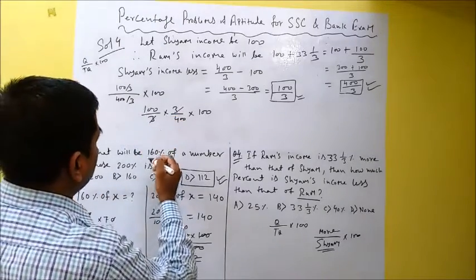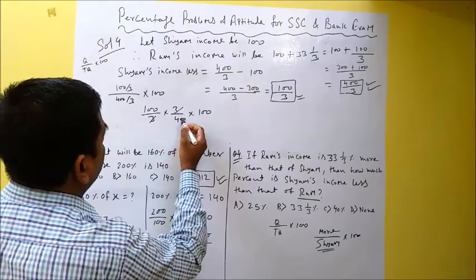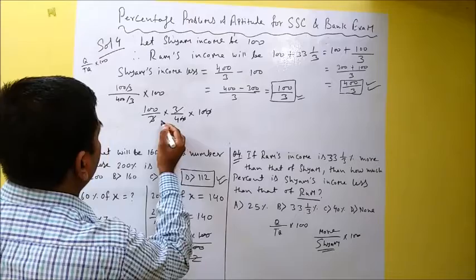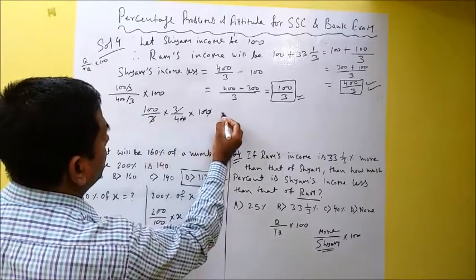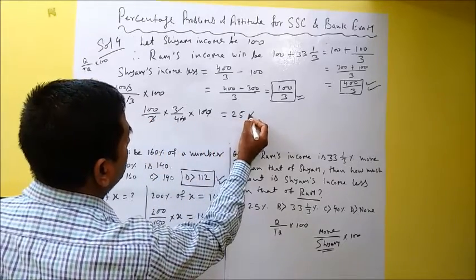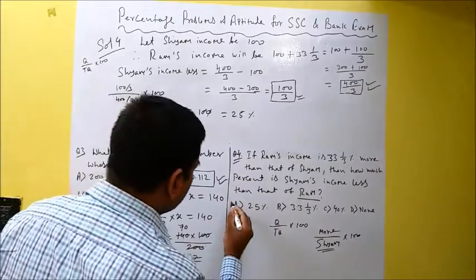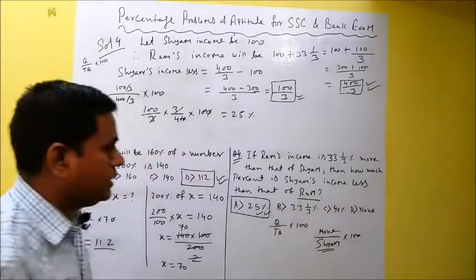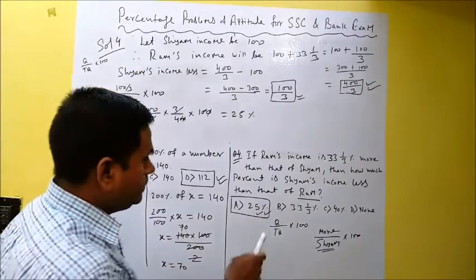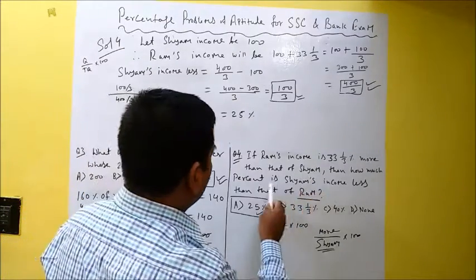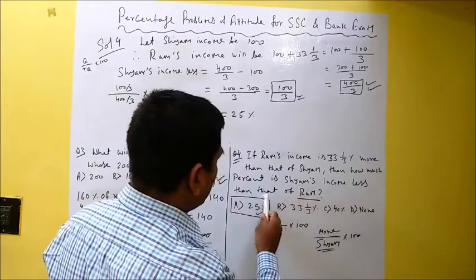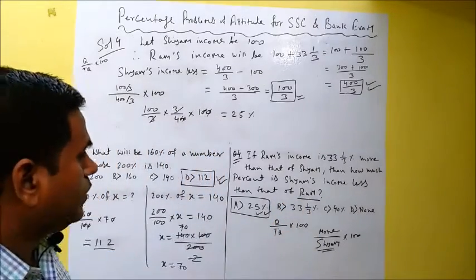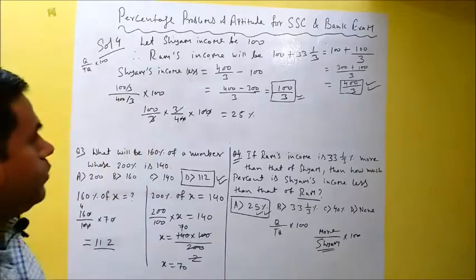So 3 gets cancelled, this 0 gets cancelled, and 100 divided by 4 will be 25%. You can see here the first option, 25%, is the answer in this case. That means Shyam's income is 25% less than that of Ram's income. Okay, so we have solved 4 questions.